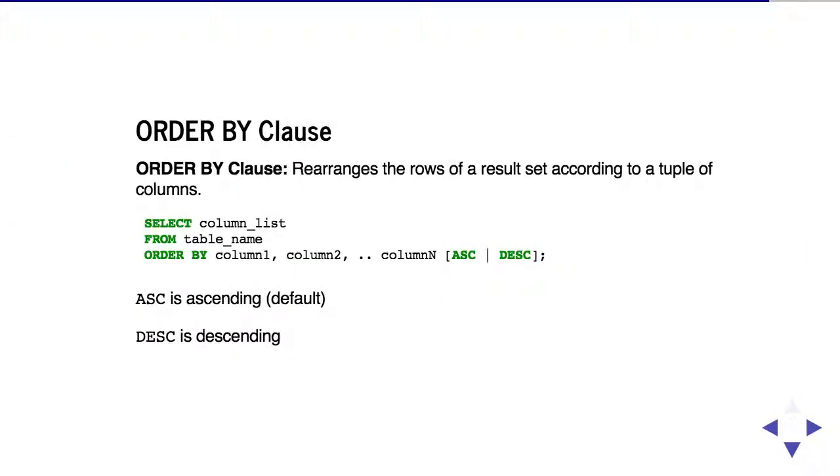Order by clause, we're nearly done. The order by clause rearranges the rows of a result set according to a list of columns. So we could order columns by some values. Ascending is the default, where it goes by the lowest value first, then higher values from there on. Descending does the opposite.